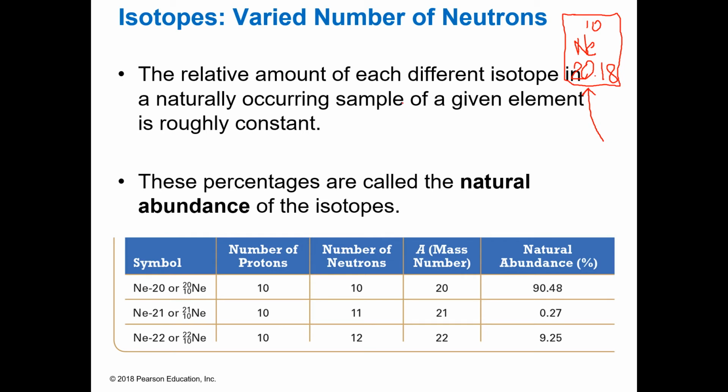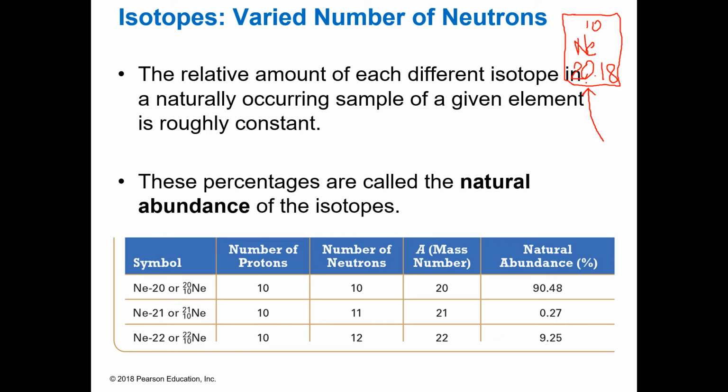Now, we can make an assumption. We know that we have 3 different isotopes for neon: neon 20, 21, and 22. If it's a weighted average, then one of these isotopes, or maybe 2, but in this case let's look at 1, is going to be the majority of that weighted average.